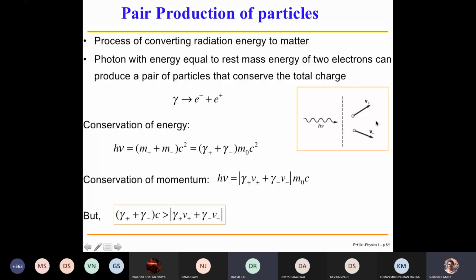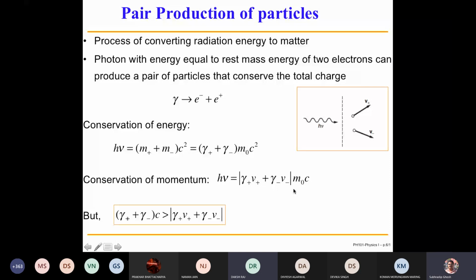We are trying to create a process where radiation energy is completely converted to matter. I'm getting material particles with real masses. So in general, the conservation of energy and conservation of momentum cannot be satisfied simultaneously for this pair production.